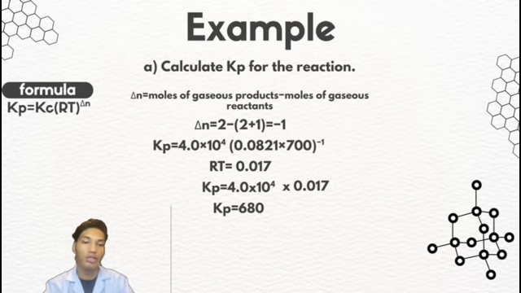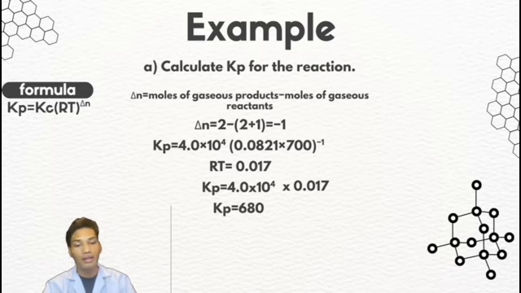Kc is already given, which is 4 times 10 to the power of 4, and in the bracket is 0.0821 times 700 for RT, to the power of -1. So we got RT to the power of -1 as 0.017, and Kp is 4 times 10 to the power of 4 times 0.017, giving a total of 680 for Kp.